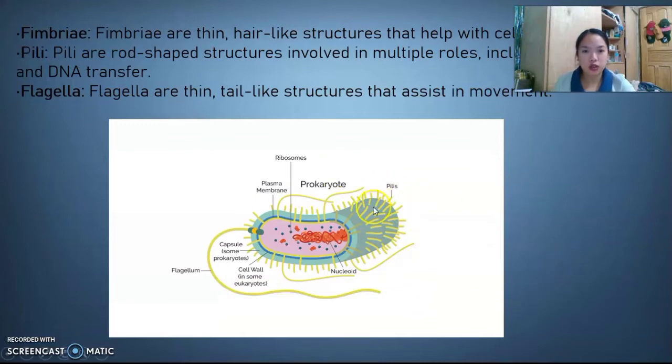This one is the pili. There are many pili. Flagella is a tail-like structure that assists in movement. This one is the flagellum. It's a tail-like structure.